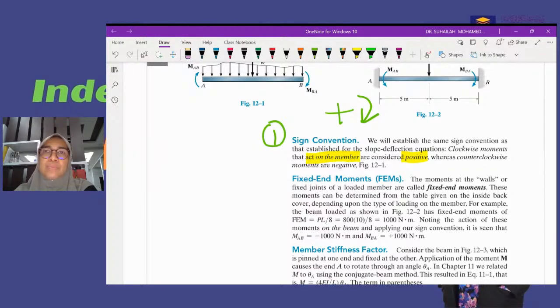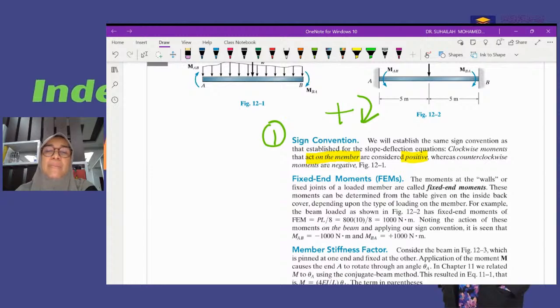And because it is fixed at both ends, we must understand that internal joints we also assume as fixed. Because the internal joint has a moment value, all internal joints have moment.